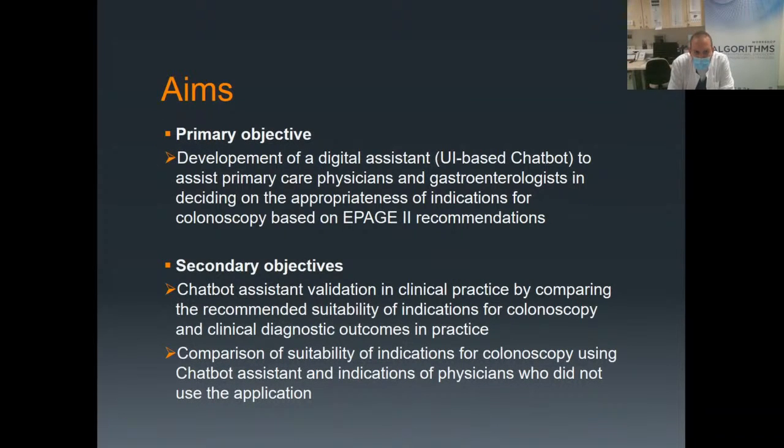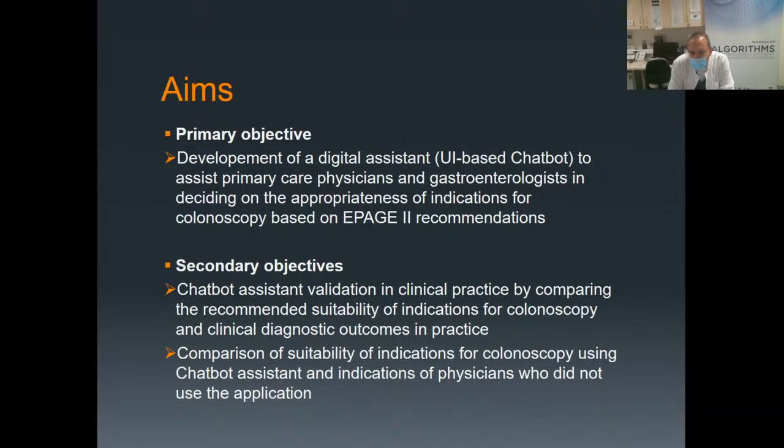And our primary objective is to develop this digital assistant. It will be designed to assist primary care physicians and also gastroenterologists in deciding on the appropriateness of different indications for colonoscopy.